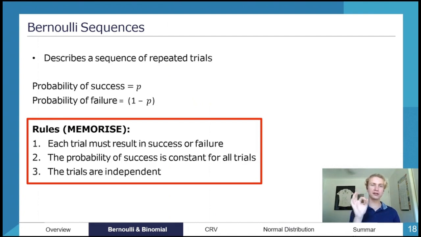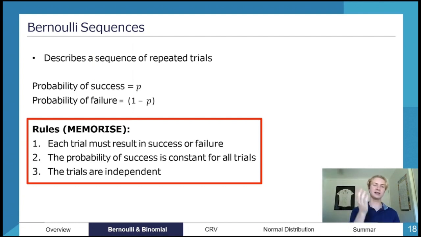Okay, Bernoulli sequences, number 3 on what we are going to talk about today. So Bernoulli sequences describe a sequence of repeated trials. And one thing to note is Bernoulli sequences are always success and failure. That is essentially what is going on here. We're talking about a success and a failure.